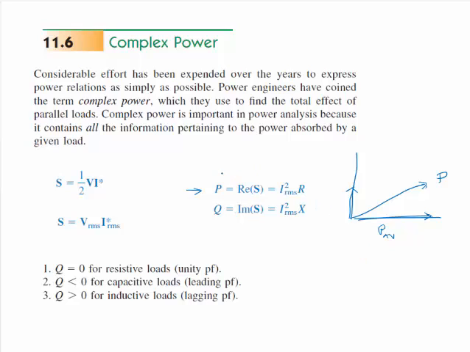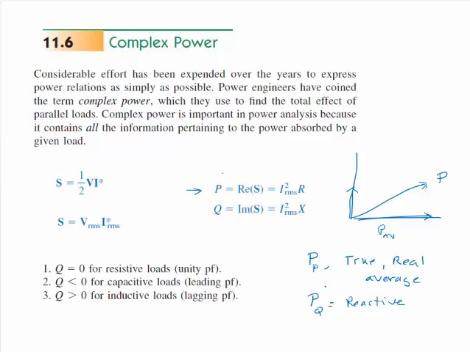The P is also called true or real or average power, since your textbook gives you all of those things. The power that's the quadrature component is also the reactive power, which can be either capacitive or inductive.